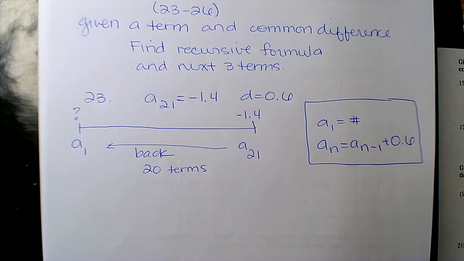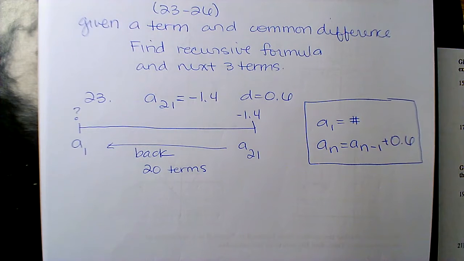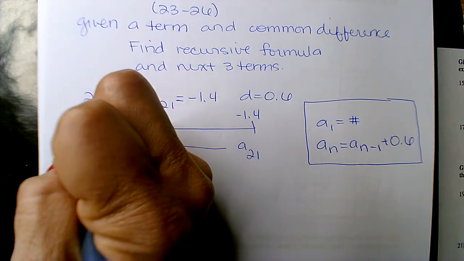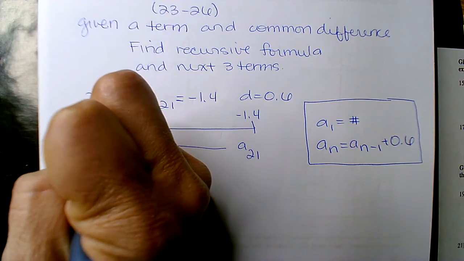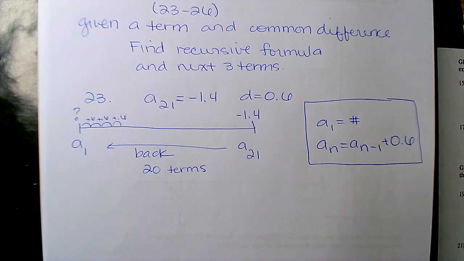Okay, if my common difference is 0.6, remember, from the first term, it's going plus 0.6, plus 0.6, plus 0.6, plus 0.6, right? Each time it's going plus 0.6, and it's going to add 0.6 20 times to get to the 21st term.